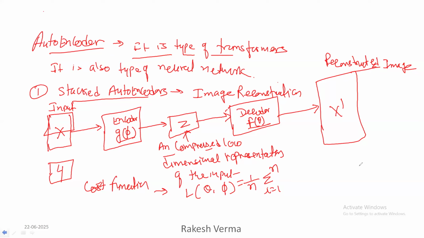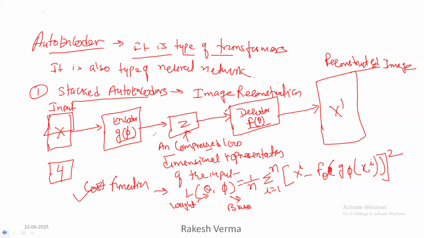This defines the loss function of the autoencoder, where theta defines the weights and phi defines the biases. This computes the loss or error of the autoencoder function.